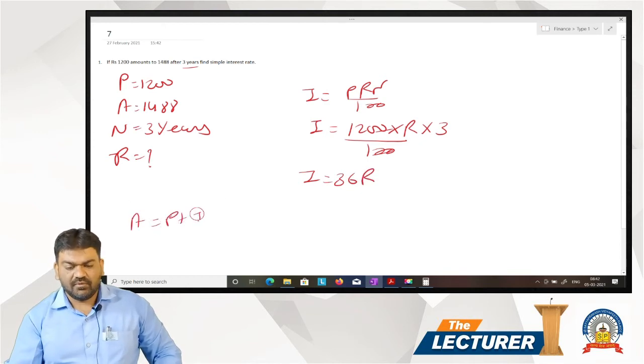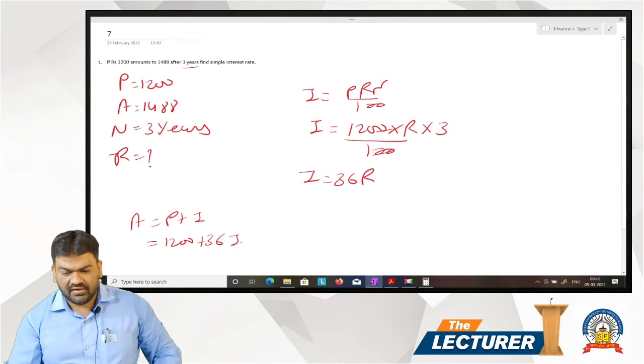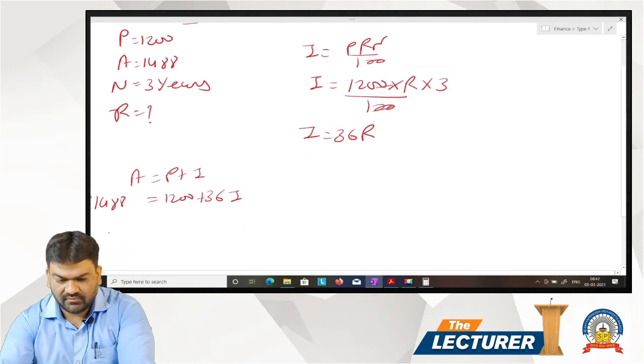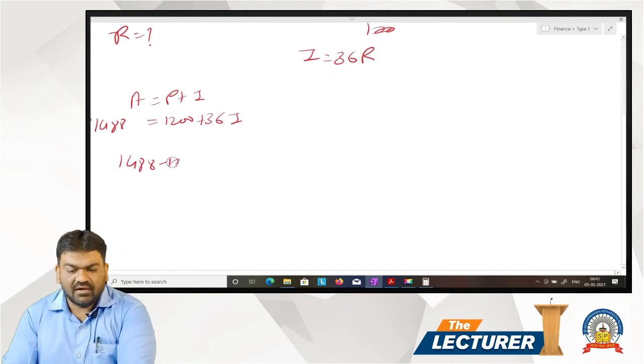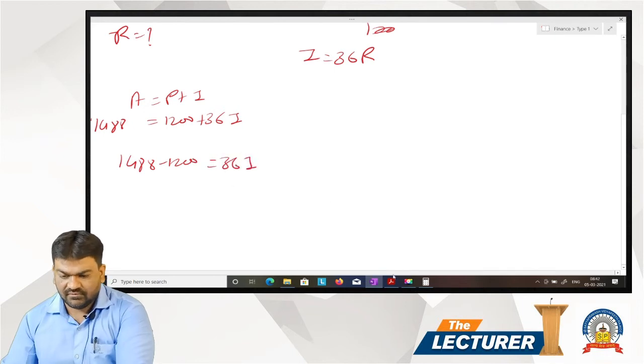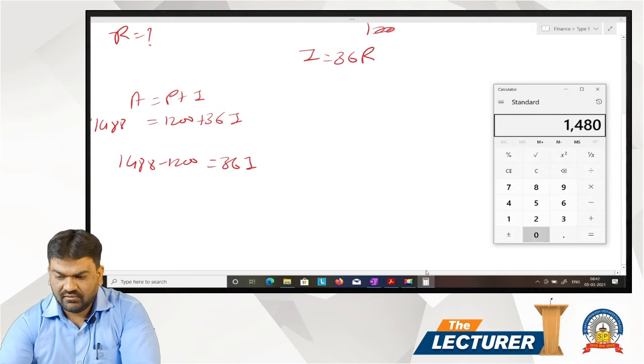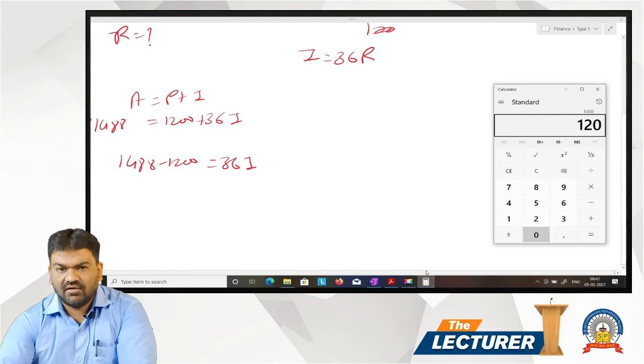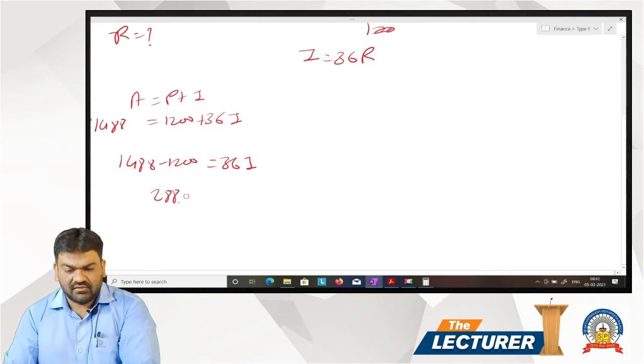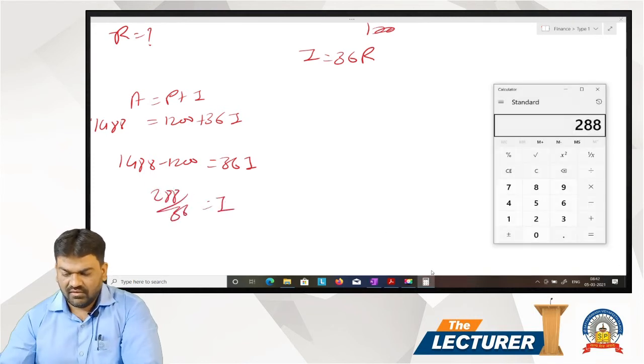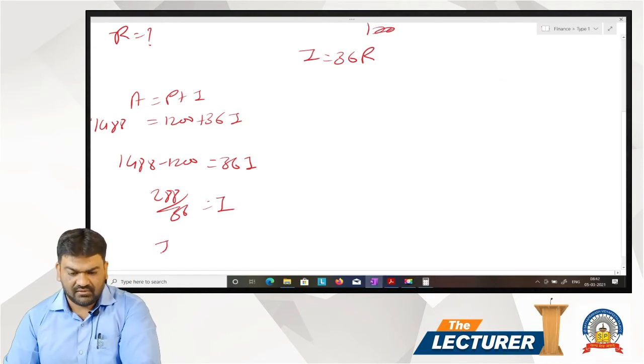A is equal to P plus I. 1200 plus 36R. A is equal to 1488. 1488 minus 1200 is equal to 36R. 1488 minus 1200, that is 288, divided by 36 is equal to R. So R is equal to 8.